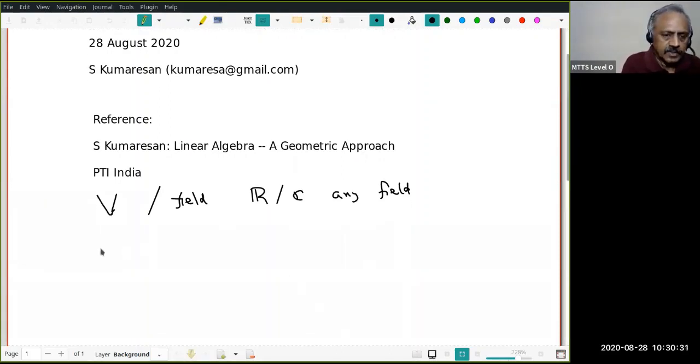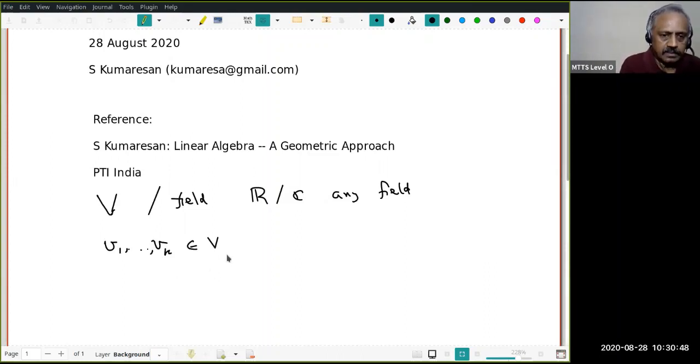So the first thing is, suppose v1, v2, ..., vk are vectors in V. I'm not claiming they're all distinct. Some of them may even be equal.